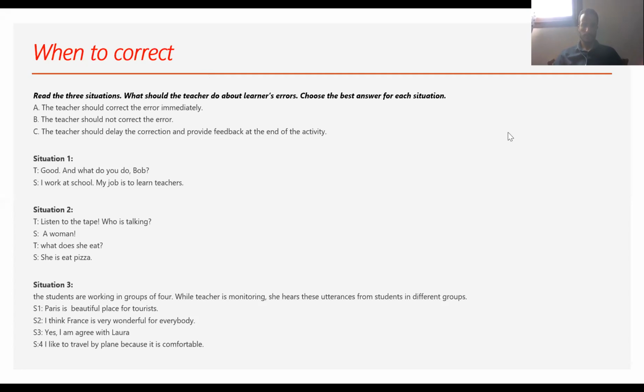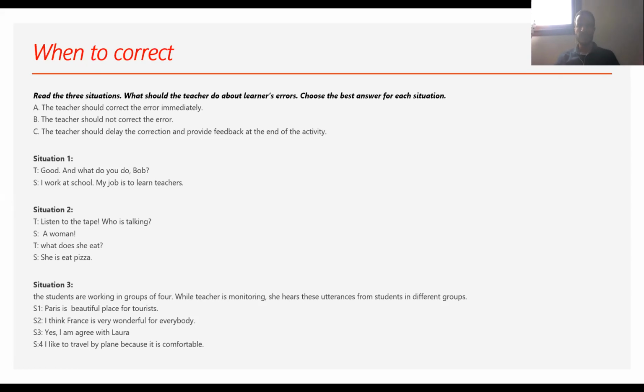It's rather fluency than accuracy, I think. Interesting. Good point. It's about fluency and accuracy. So the student here is expressing the understanding of what's been going on in the tape. So I think the teacher should not correct at this point.